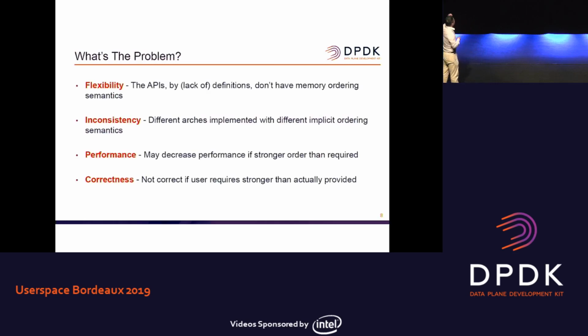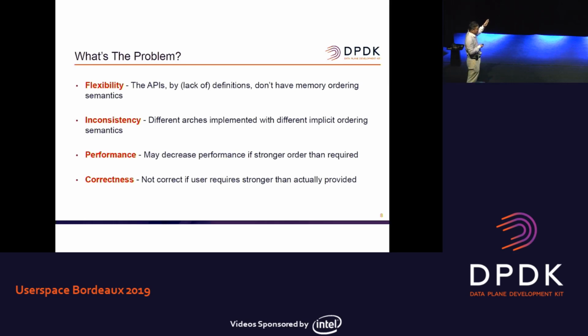The first one is flexibility. By definition, these APIs don't take any arguments about memory ordering. As I just showed, different architectures made the implementation with different memory ordering semantics. Within each implementation, the ordering is fixed.